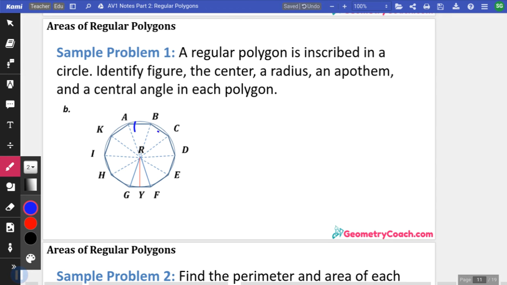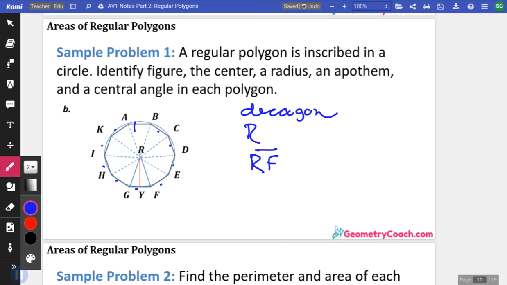Okay, we have a 1, 2, 3, 4, 5, 6, 7, 8, 9. We have a 10-sided figure. So this is a decagon. The center is R. Radii, there's lots to choose from. R to anything other than Y, because Y is not on the outside of the figure.